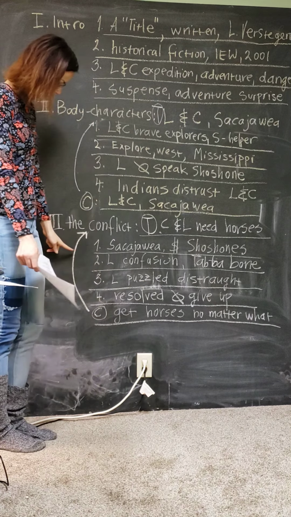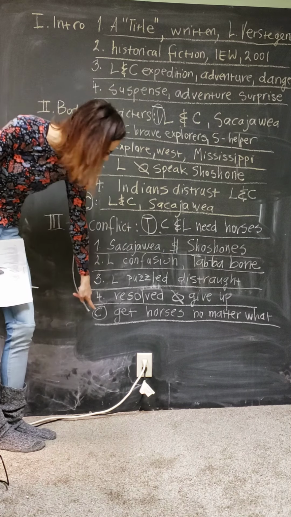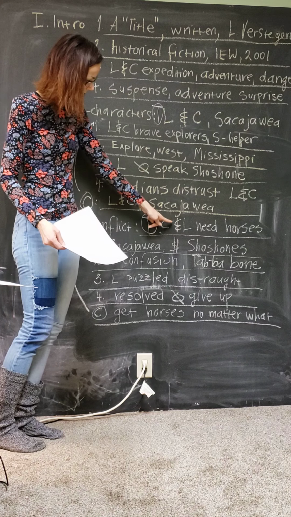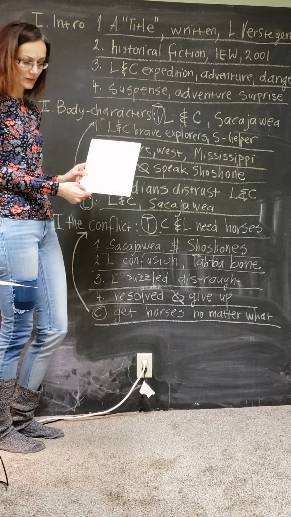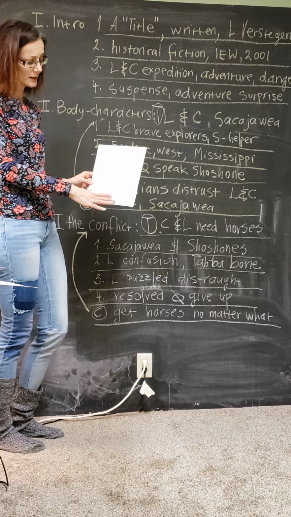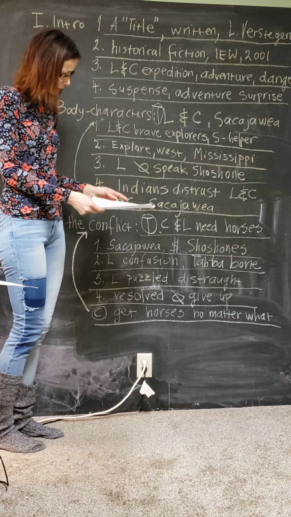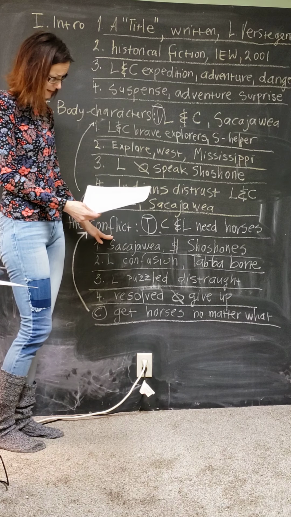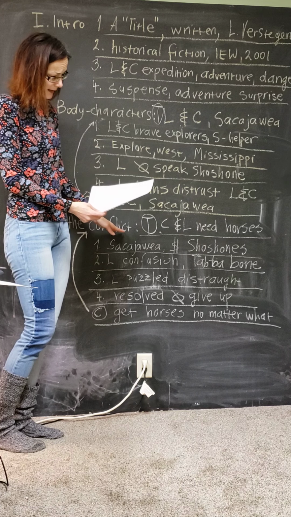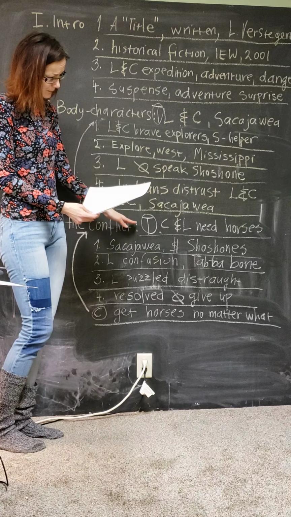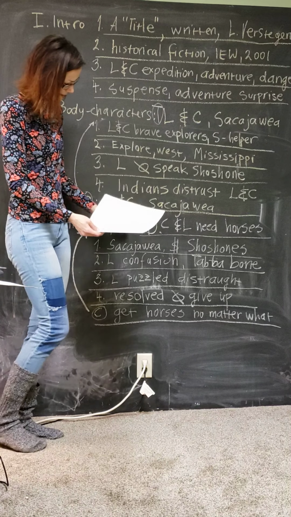Then in the third paragraph, which is the conflict paragraph, again, you will have a topic clincher. By the way, you guys, I'm going off page 154, so have that in front of you and read the questions that are here on the side as I'm going over this. In the second paragraph of the body, or third paragraph overall, it is what the problem generally is, or what the need they have or want.